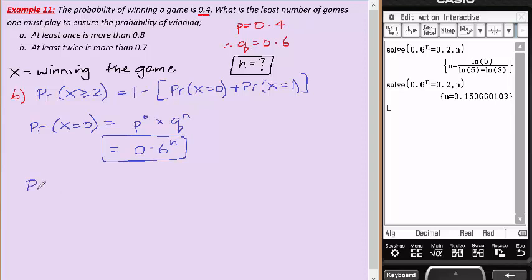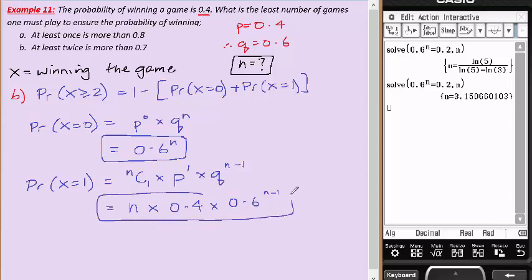The probability that x equals 1, that we win once, will be nC1 times p to the 1 times q to the n minus 1. So let's put in our values. It'll be n times p, which is 0.4, times 0.6 to the power of n minus 1.